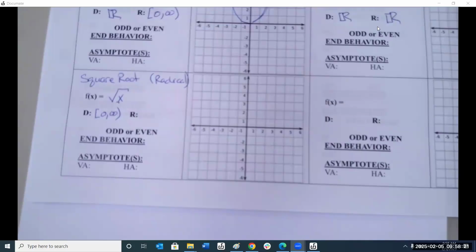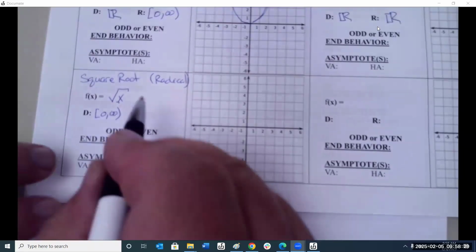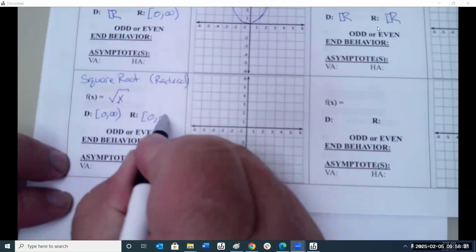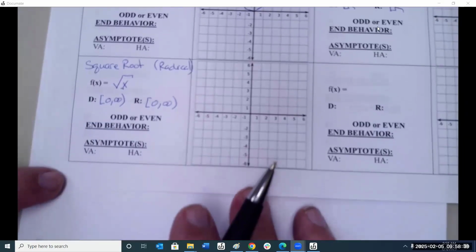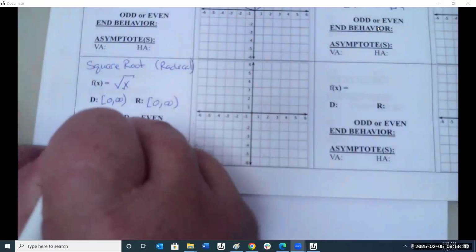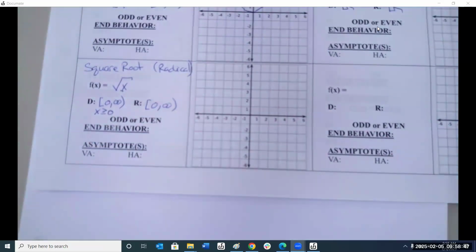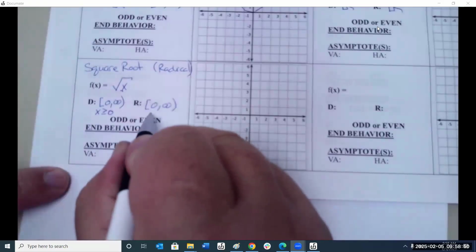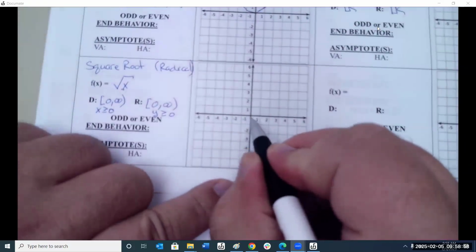Can my answers be positive? Can they be zero? Can they be negative? No. So it's the same thing. It's from 0 to infinity. But now, if I use inequalities, my domain, I say x is greater than or equal to 0. And my range is y is greater than or equal to 0. Let's look at this one.